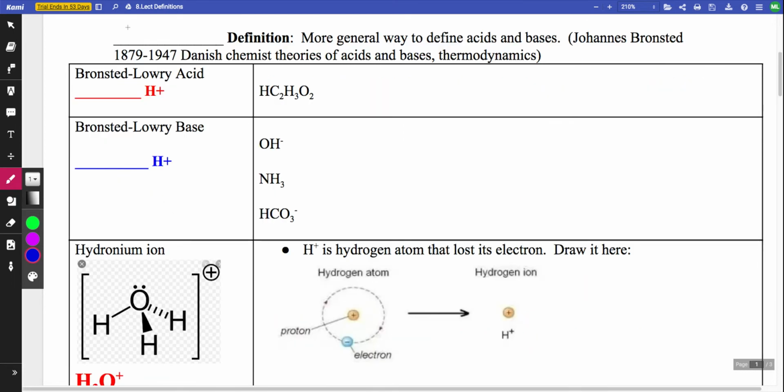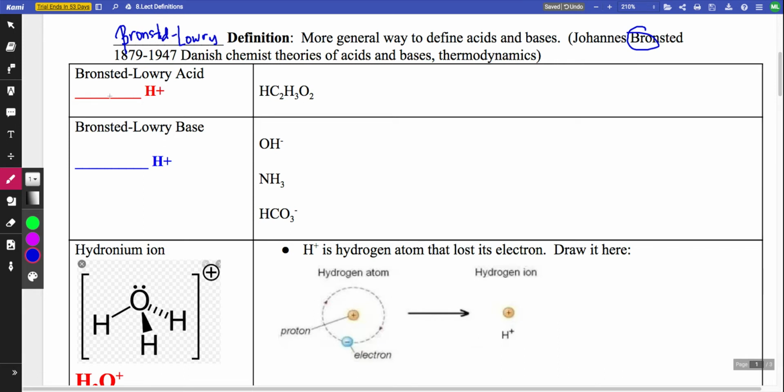The next definition is given by Bronsted and Lowry. These are two scientists, Bronsted, and the other scientist, Lowry, is sometimes forgotten and not included, so you just say Bronsted acid.